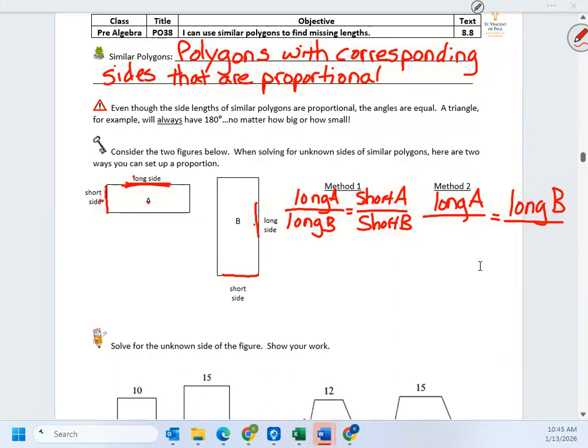Long A over short A. We don't want to do the same method twice. So long A over short A. So long matches up with the long, short matches up with the short. This time we have the A's on the same side and the B's on the same side. Long's on top, short's on bottom, as long as you are consistent and they match up together.